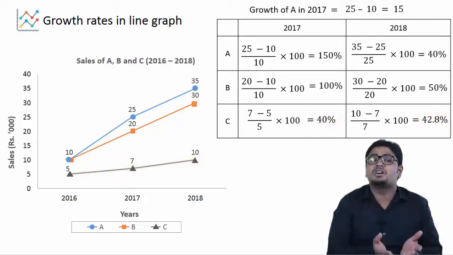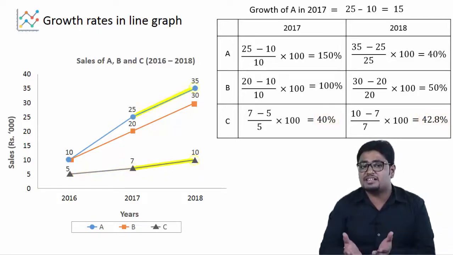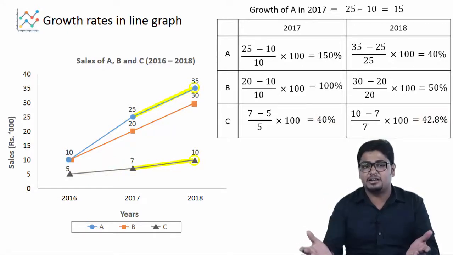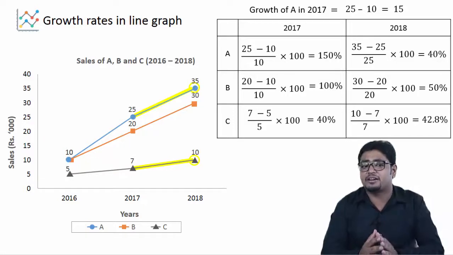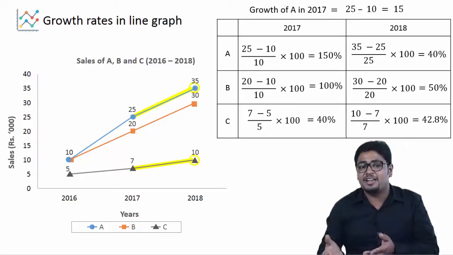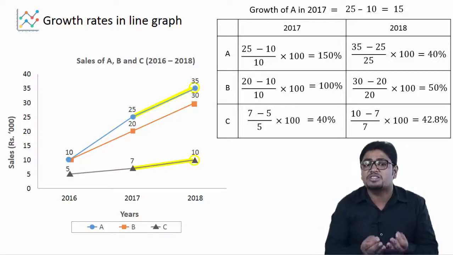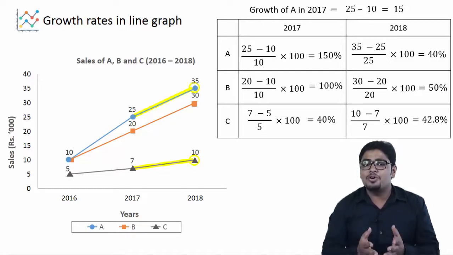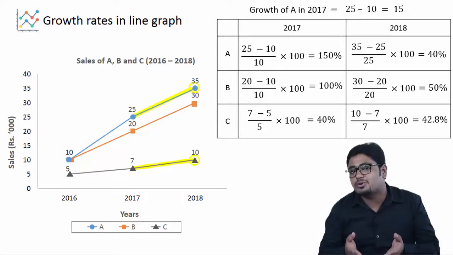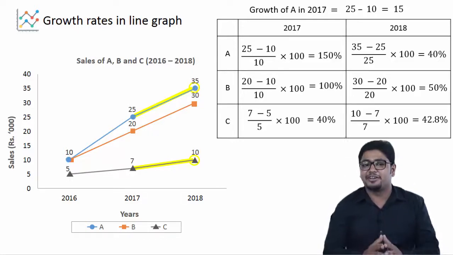Similarly, if we observe the slopes for companies A and C from 17 to 18, we can clearly see that A has a steeper line and hence a greater slope. This is a plus point for the growth rate of A. But C, on the other hand, has a much lower base, which is a plus point for the growth rate of C. So, in this case also, it is better to calculate the actual growth rates and then compare.